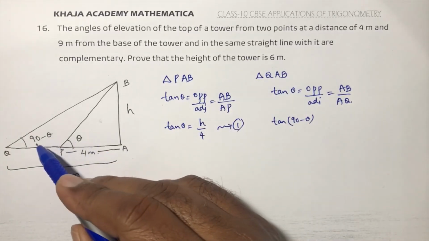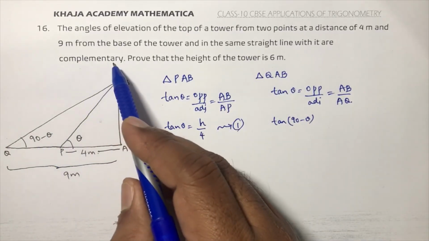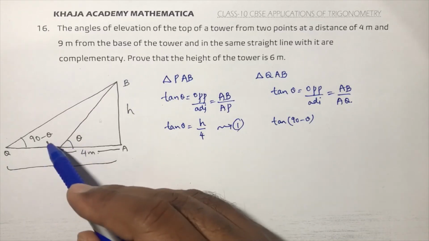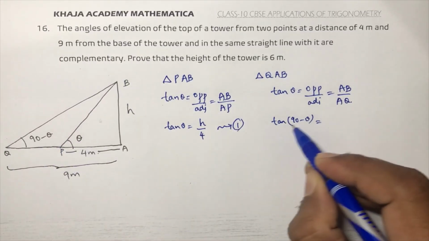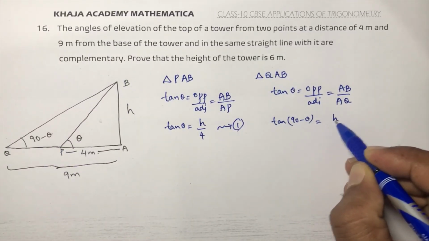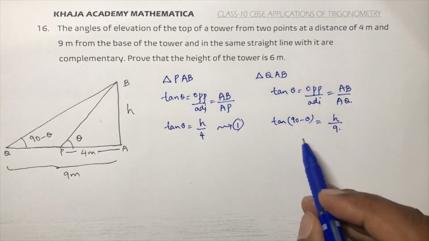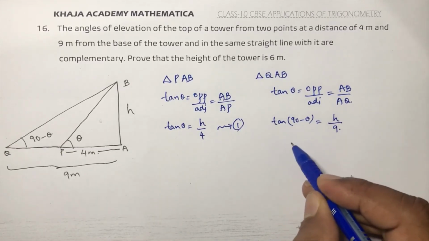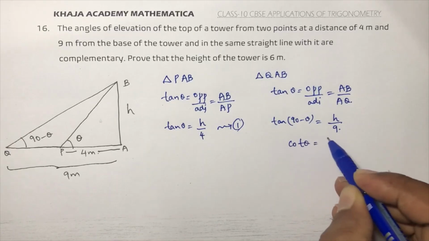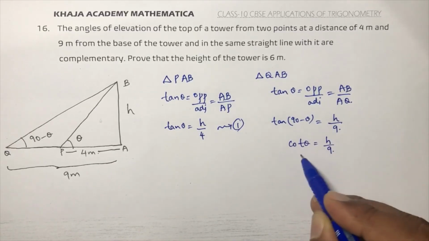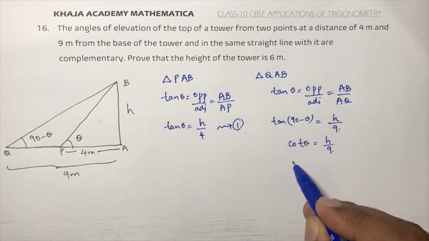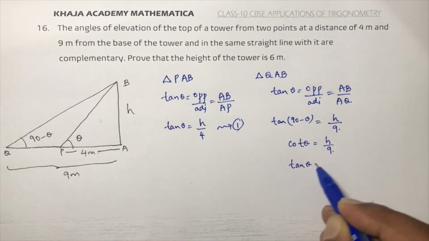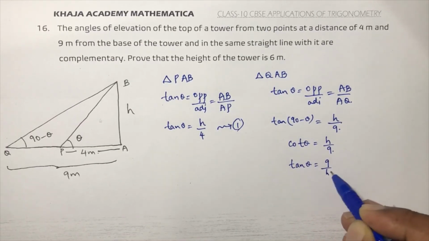So one is theta, the other is 90 minus theta, because complementary angles means the sum of the two angles should be 90. So tan(90 minus theta) is H by 9. Tan(90 minus theta) is cot theta. Cot theta is H by 9. Cot and tan are reciprocal. So the tan theta value will be 9 by H.